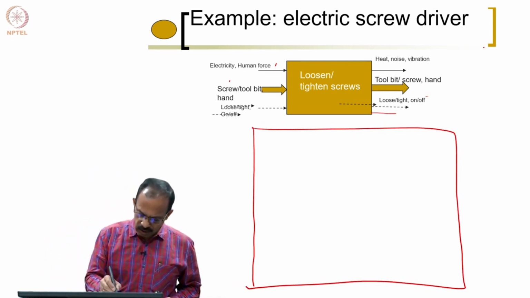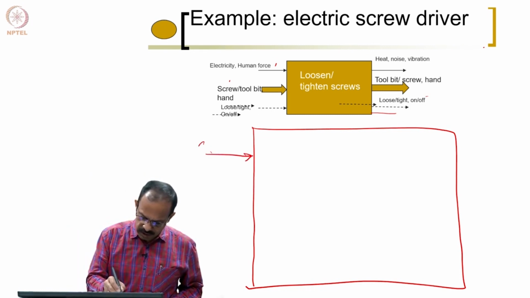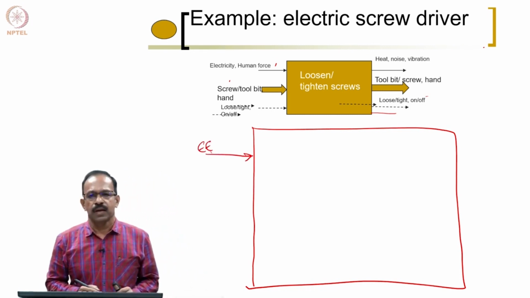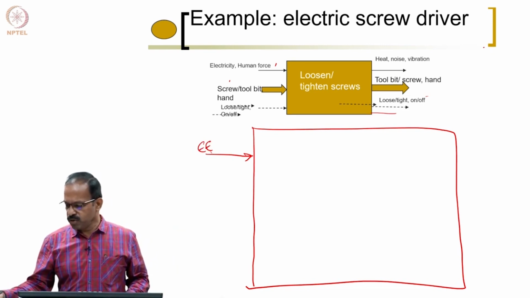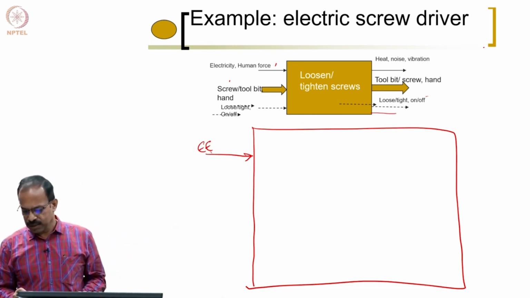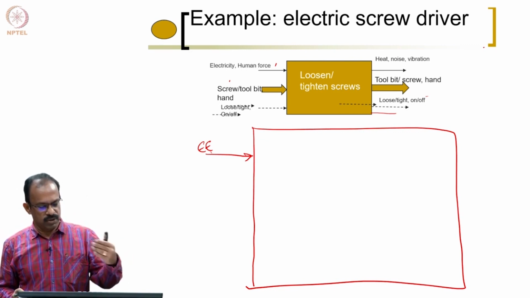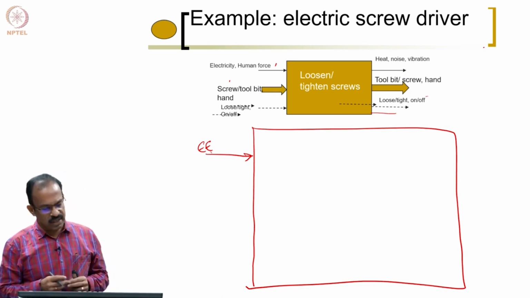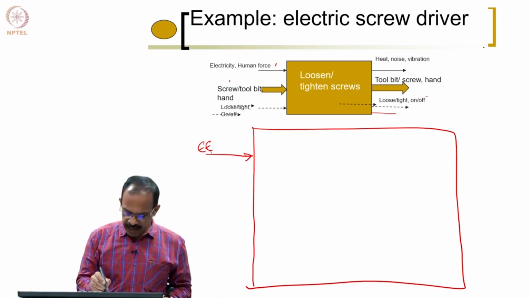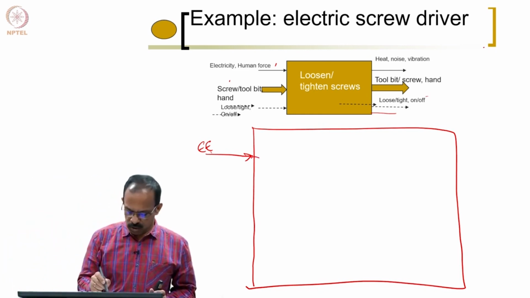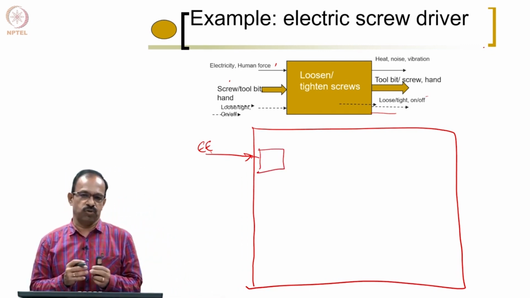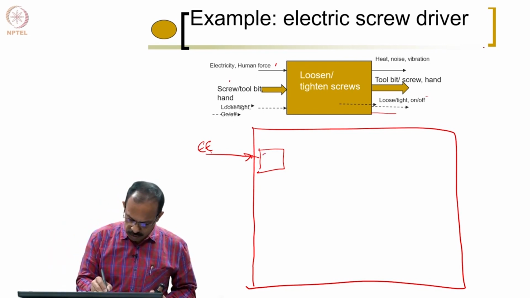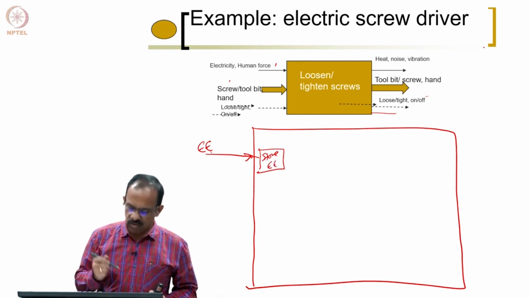Now, this is the electrical energy. So, I will start with electrical energy and try to find out what is happening to it, and to the other inputs: human force, electricity, screw bit, tool, etc. If I assume that it has a stored battery, then I need to store electrical energy.